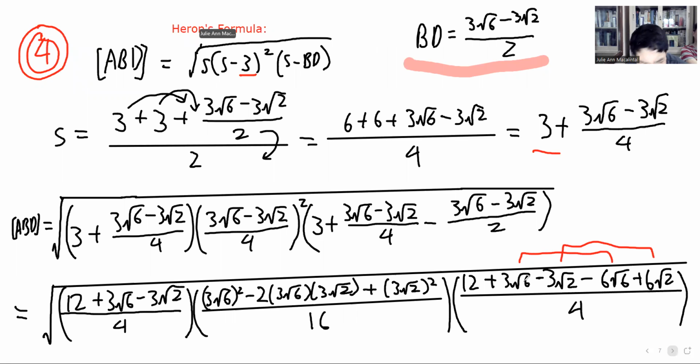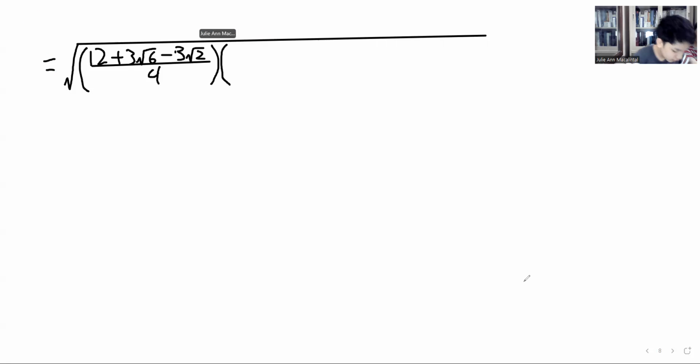What? Okay, I'll just already start simplifying this. 3 square root of 6 squared. 54.